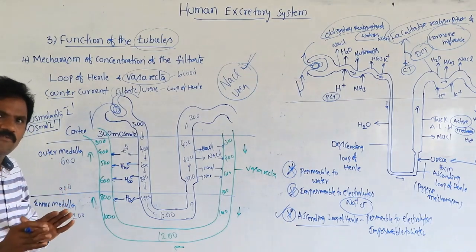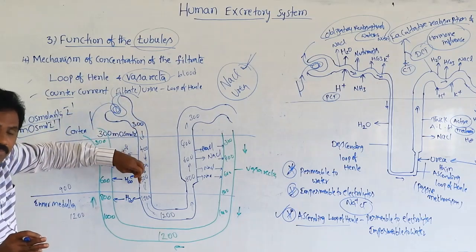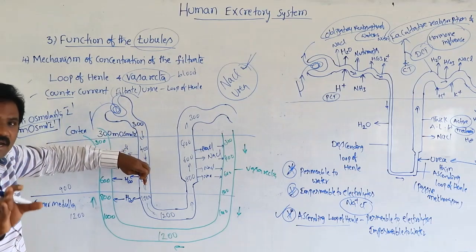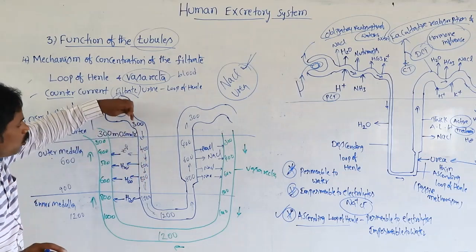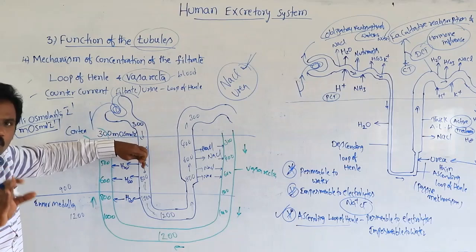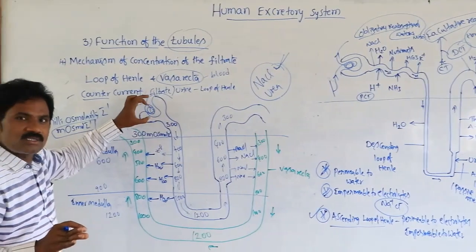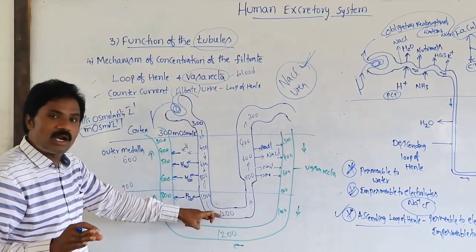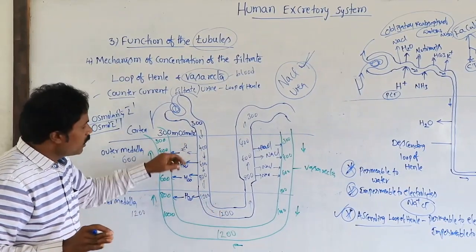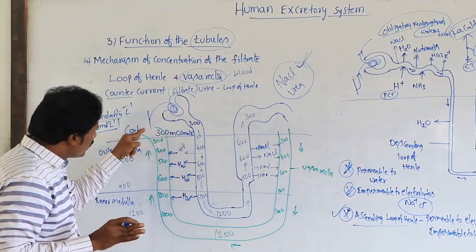Remember carefully, in the descending loop of Henle, the filtrate, that means urine, flows while water is reabsorbed, and the electrolytes persist. That's why the concentration, while moving from the cortex, goes from 300 to a maximum of 1200 milliosmolarity. Then similarly here it increases. Here, what is present?